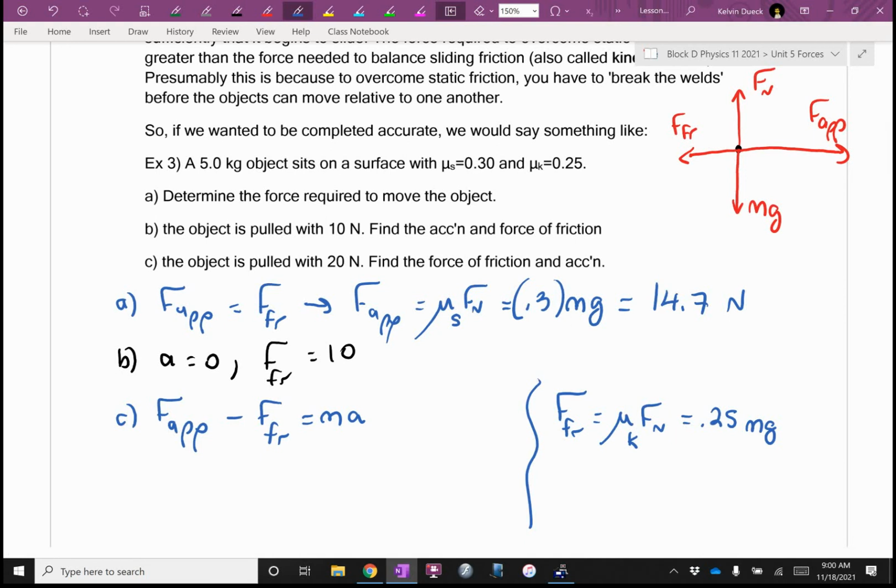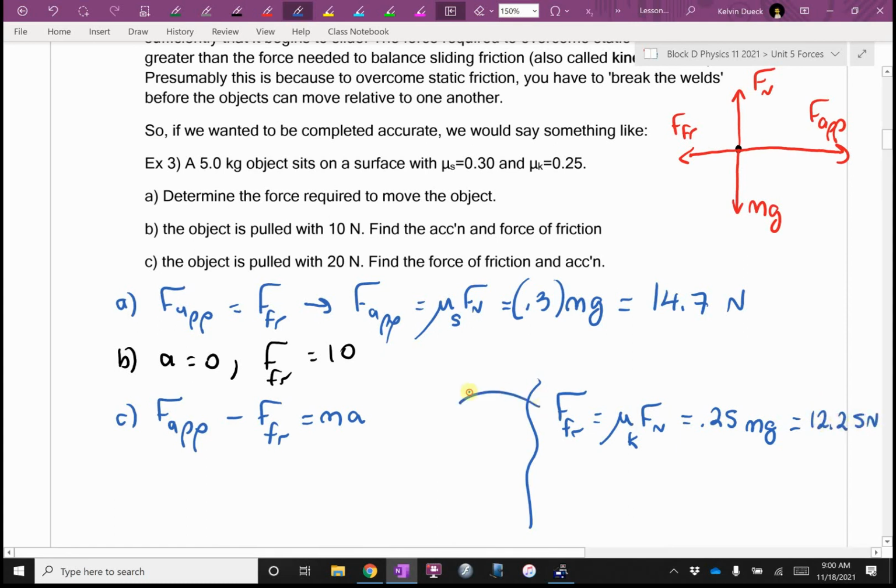How big is it once we get it moving? Could you crunch that, please? What'd you get? 12.25. This is why it's a little easier to keep something moving once you get it moving. You don't have to push as hard. Friction got a little bit smaller.